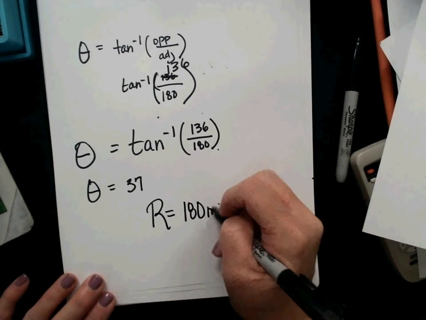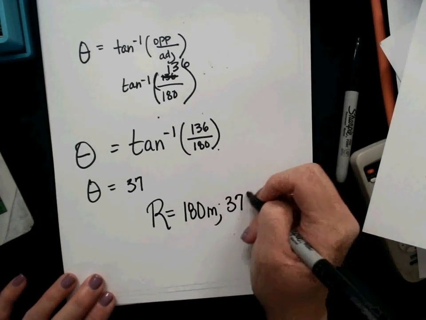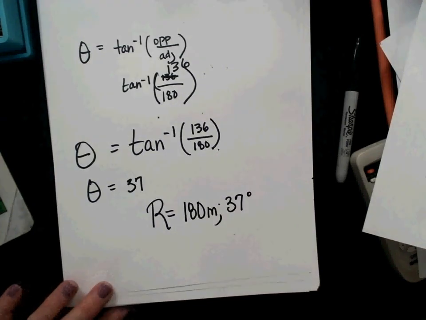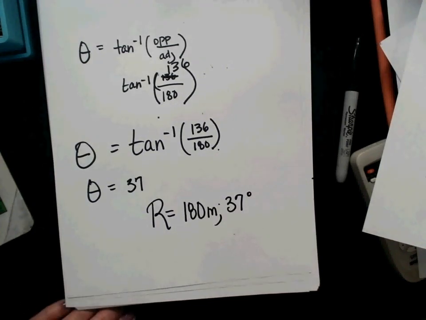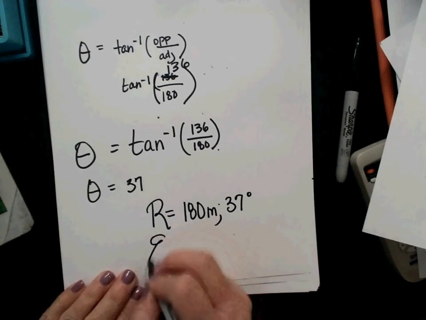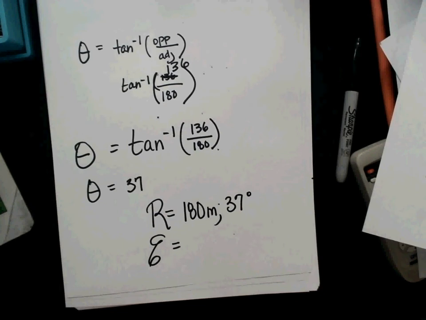So I would write this whole thing as R equals 180 meters, 37 degrees. Then I'm going to ask you, even though it wasn't part of the question, to give me the equilibrium.